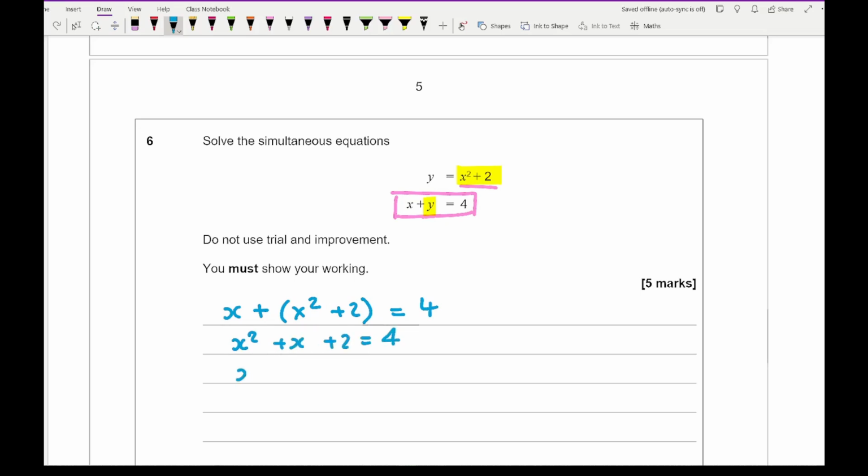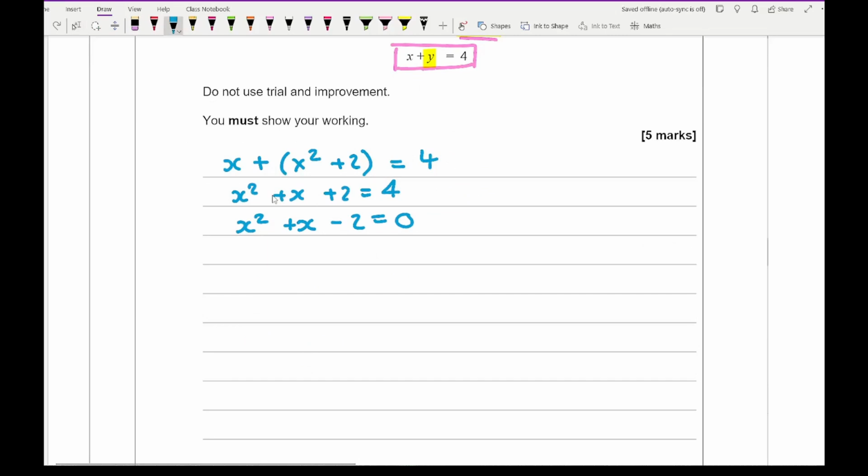Take the 4 over because it's starting to look quadratic, and to solve a quadratic I need to make it equal to 0. Then I want to think about solving the quadratic, so I'm going to go for factorize because this does factorize. So I've got (x + 2)(x − 1) = 0, my numbers are going to be +2 and −1. So that means that the solutions are going to be x = −2 or positive 1.